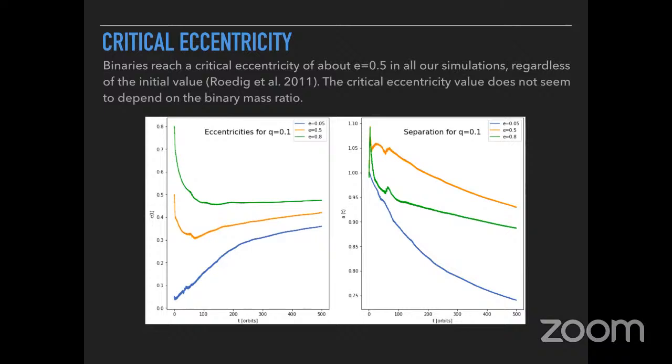And more importantly, the eccentricity basically saturates around 0.5 regardless of its initial values and regardless of the initial binary mass ratio. This is still with self-gravity. These are the same as previous simulations, but just exploring more the parameter space.